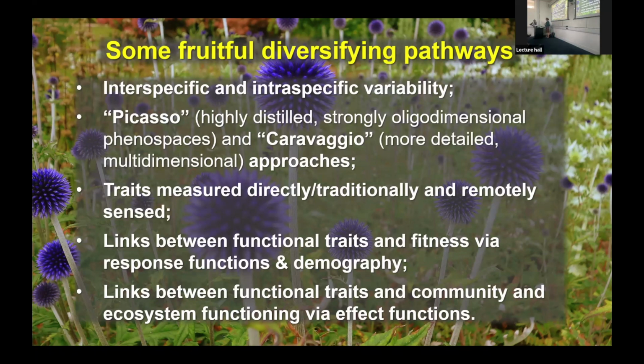One is traits measured directly or remotely sensed; links between functional traits and fitness via response functions and demography; or links between functional traits and communities and ecosystem functioning and benefits to people via effect functions. All of these are thriving. All of these are equally valid and fruitful paths.